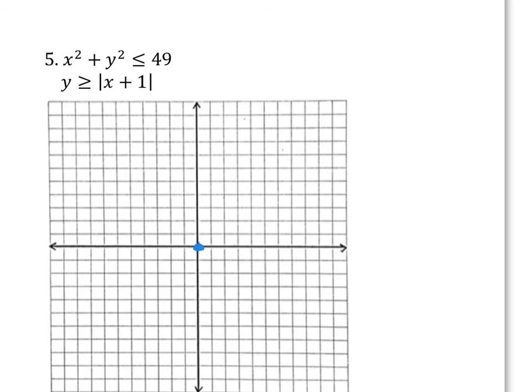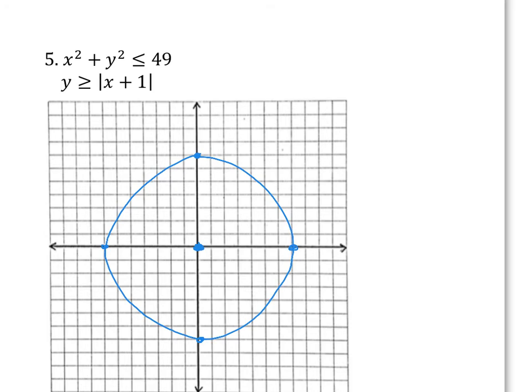So we go up, down, left, and right 7. And we make a solid circle because it says less than or equal to.